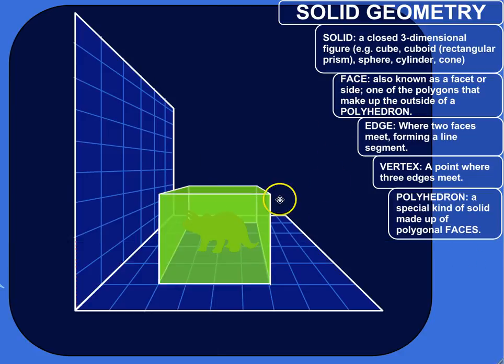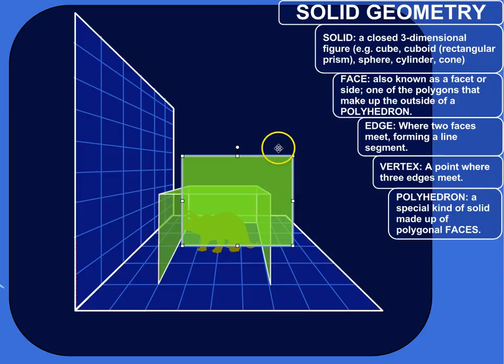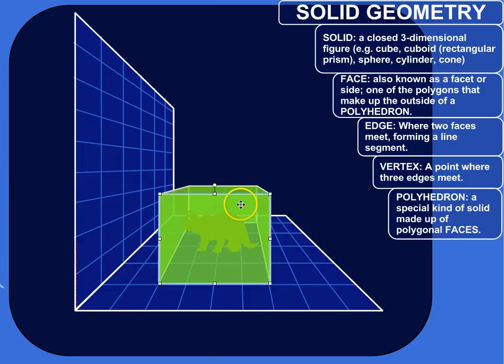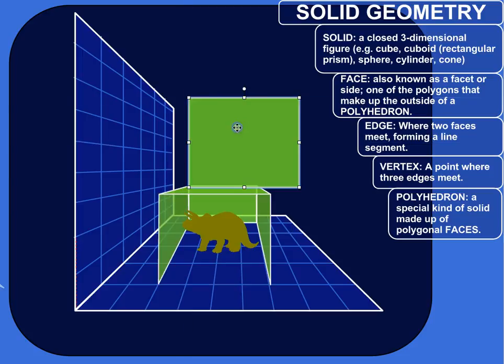And a face is just one of these sides. You might also hear it called a facet, like a facet on a diamond, or a side. But I guess the more traditional way of referring to it is a face. And faces are polygons, and they're flat, and they make up polyhedrons.